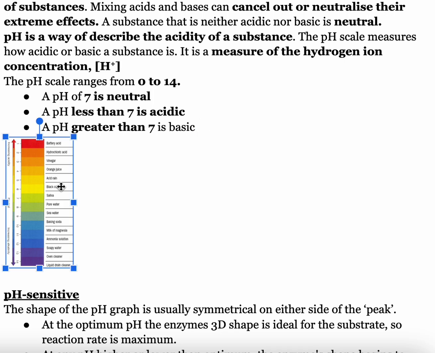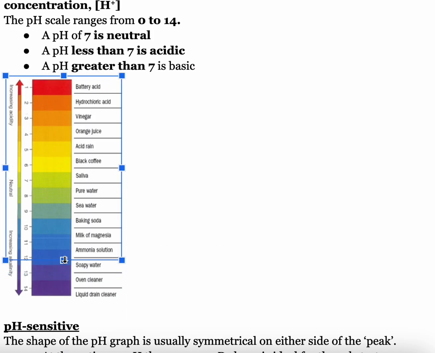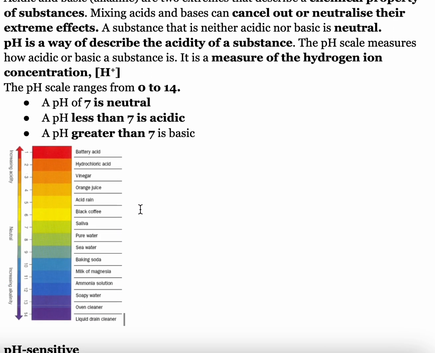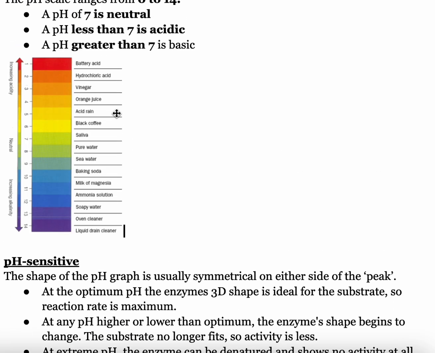The pH scale ranges from 0 to 14. 7 is neutral. Anything less than 7 is acidic. Anything greater than 7 is basic.